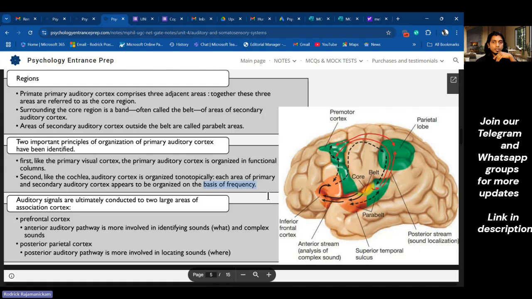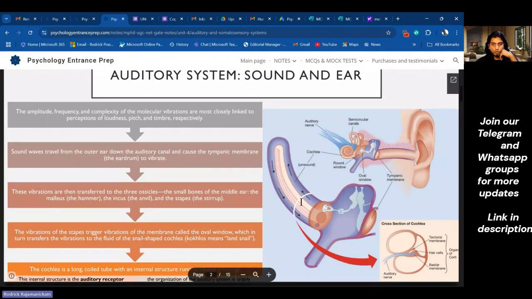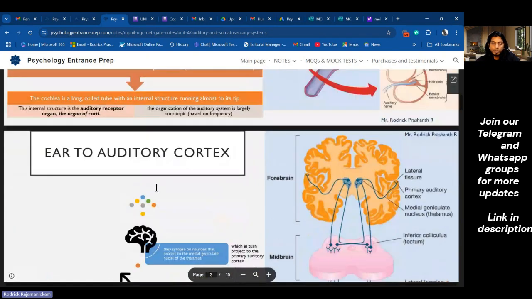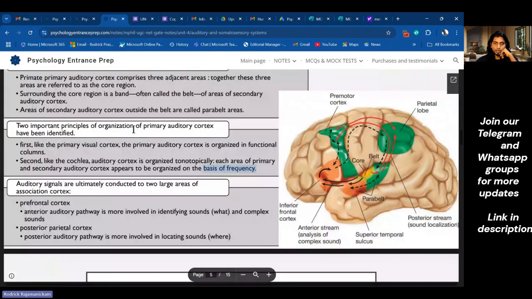Even the basilar membrane or the hair cells are arranged in a way that shorter cells are earlier and the longer hair cells are way more at the end, so that they can vibrate and pick up different frequencies. That is the arrangement that you also see in your auditory cortex.